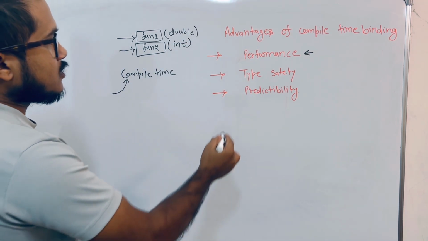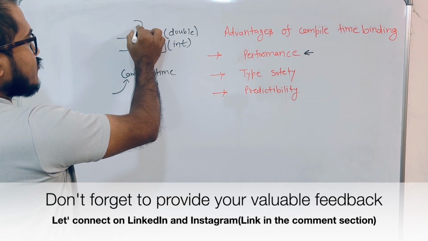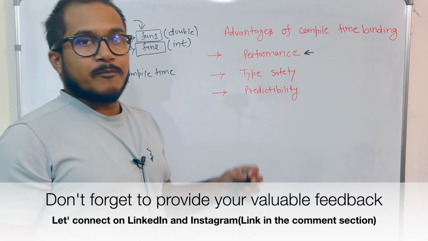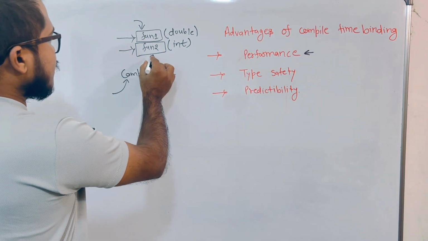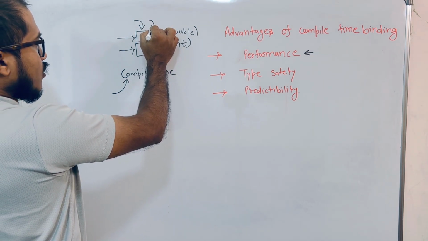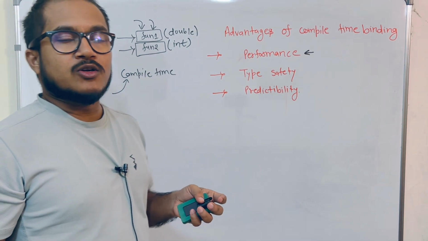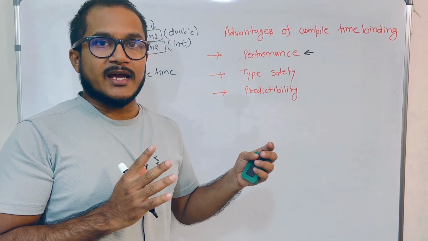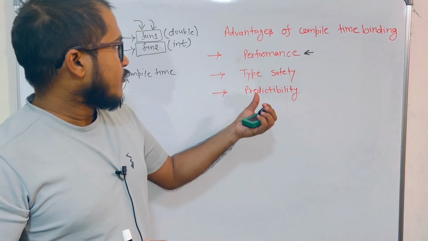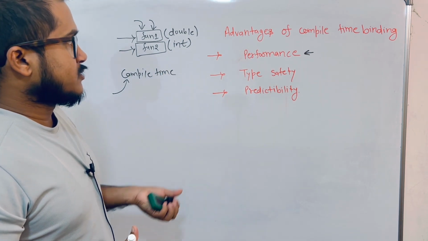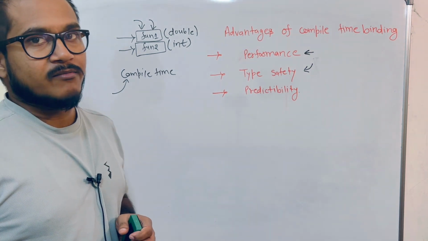If I am feeding the wrong argument to any of the functions, then at the compile time itself I'll be able to see the error that you are calling function 1 or function 2 with wrong parameters. So that way I'll be able to see the errors at the compile time itself, and thus I will always call the function with the correct parameters. So this is another advantage of using compile time binding.